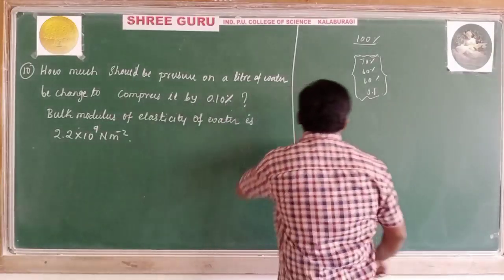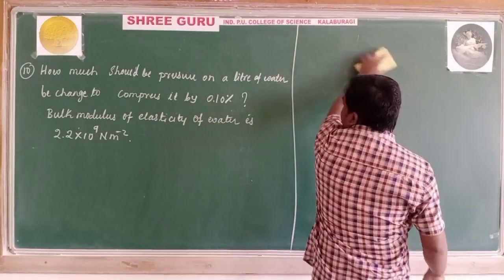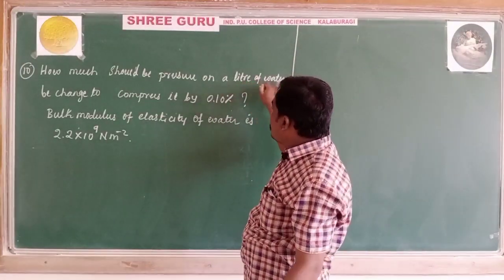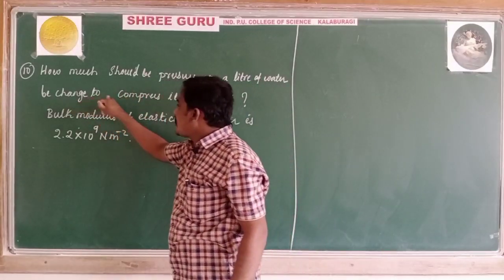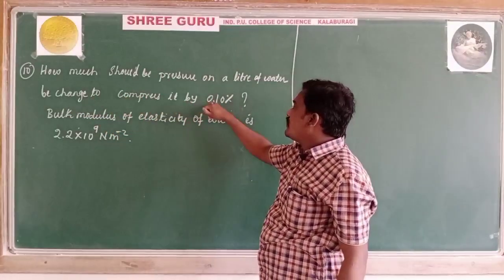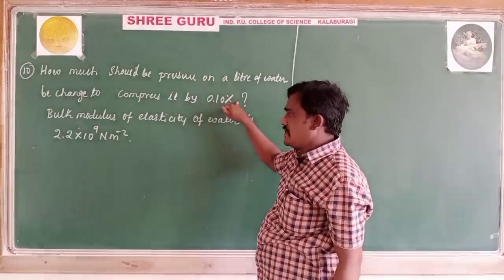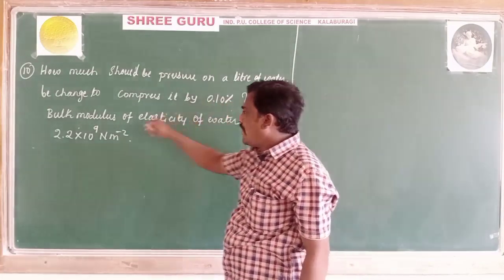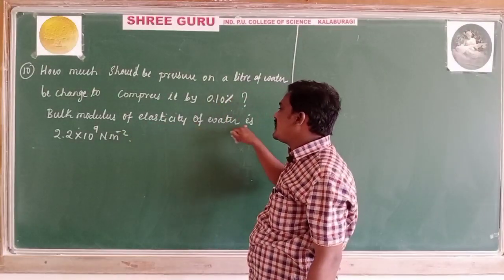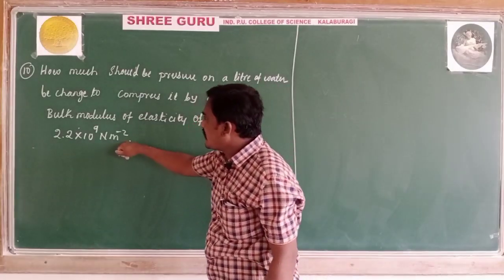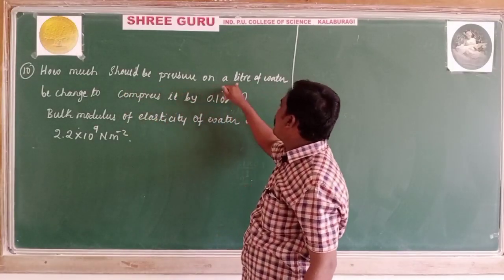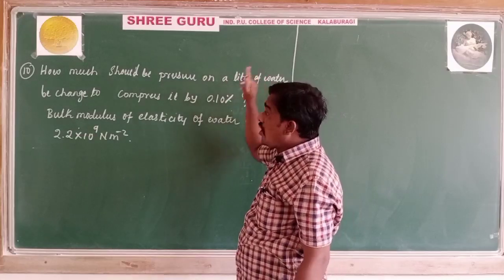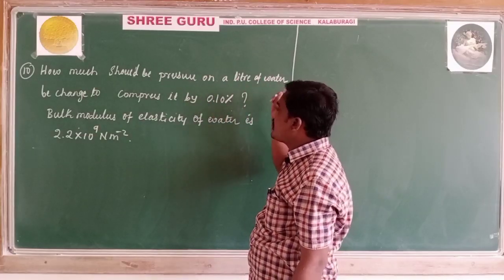Now in this question also they mentioned a liter of water to compress it by 0.10%. The bulk modulus of elasticity of water is this much they mentioned. We should find the pressure on a liter of water. How much should be the pressure?